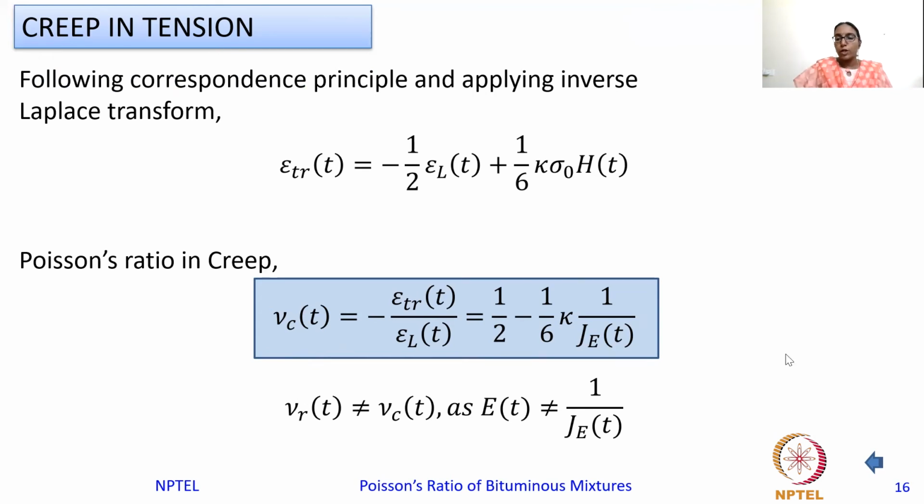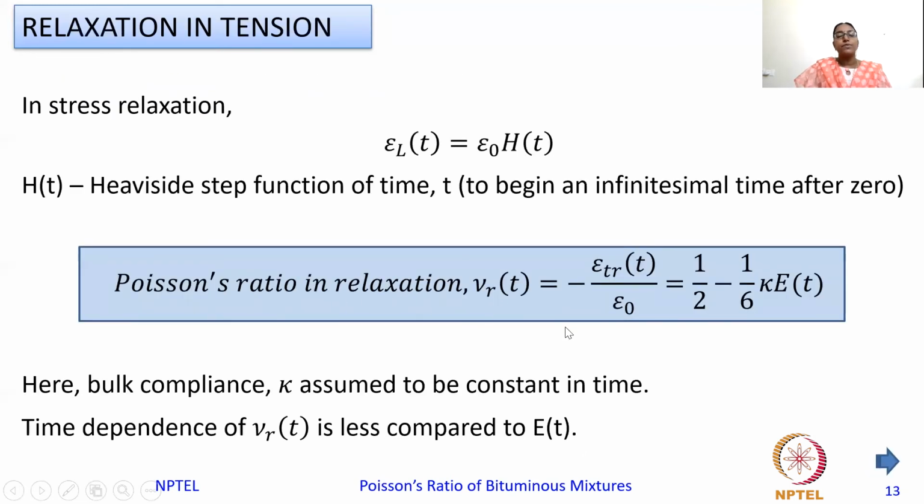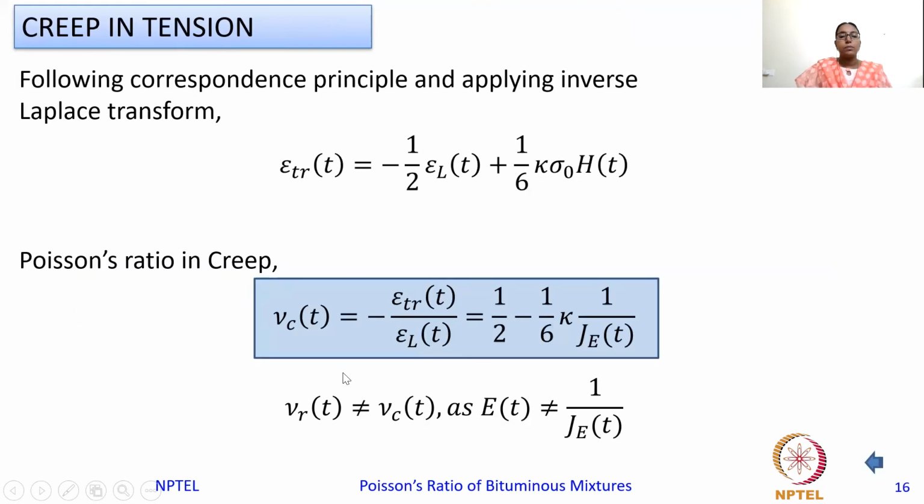Now what you have already seen is the Poisson's ratio in relaxation, which is given by the equation half minus 1 by 6 kappa ET, and now we have seen the Poisson's ratio in creep as half minus 1 by 6 kappa 1 by JET. From this we can note that the Poisson's ratio in creep and Poisson's ratio in stress relaxation are not the same because here ET and 1 by JET are not the same.